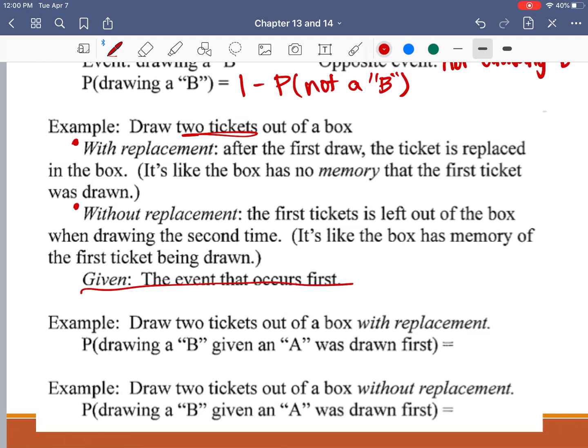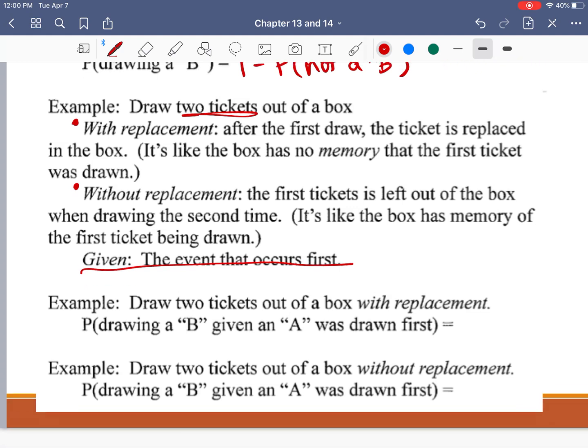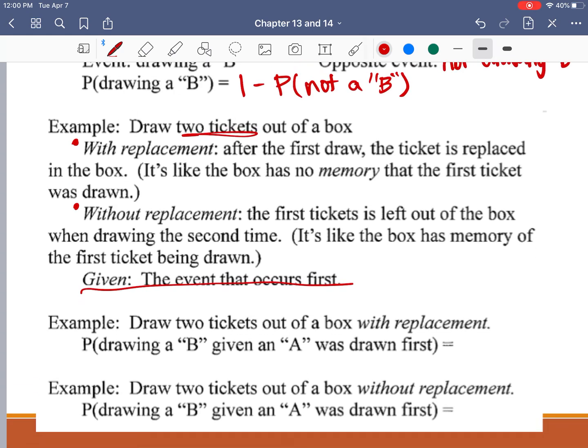And you'll see that written as given that some event occurs. So given that we've already pulled out a 3, what's the probability of pulling out a 2 second? So let's look at a couple examples. We draw 2 tickets out of a box with replacement. So let's say this box has an A and a B in it.